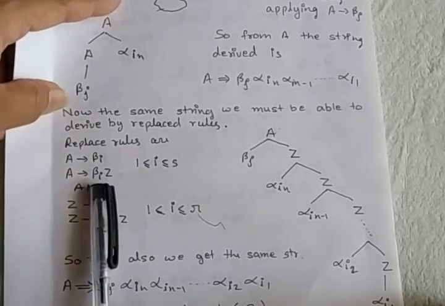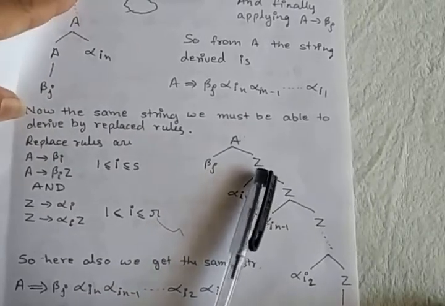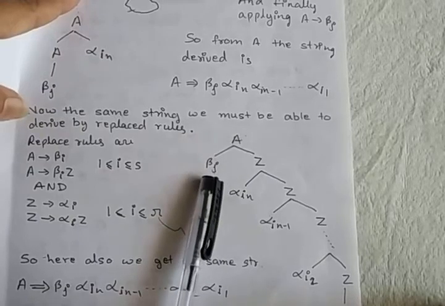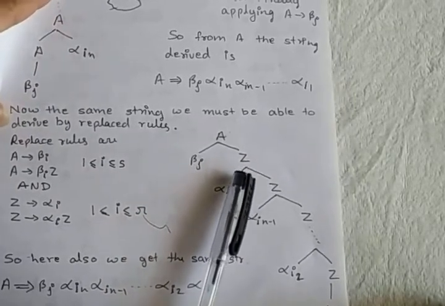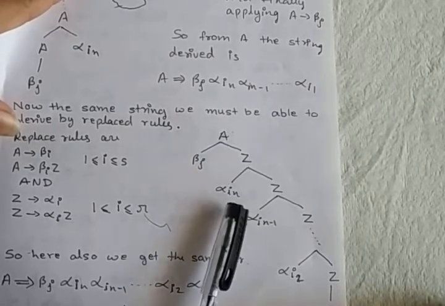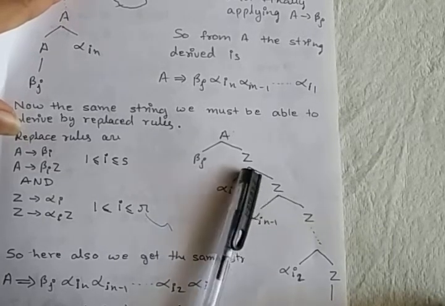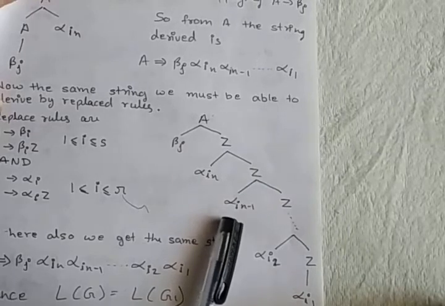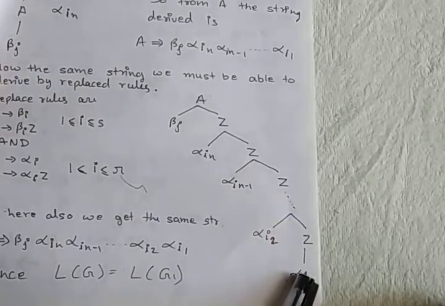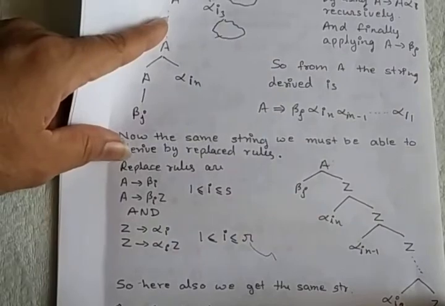So we can replace it with beta j Z. Now this Z can be replaced, because we have a rule Z tends to alpha i Z. Again it can be replaced by alpha in minus 1 Z, and so on. And finally this Z can be replaced by alpha i1. So the language here will be the same.